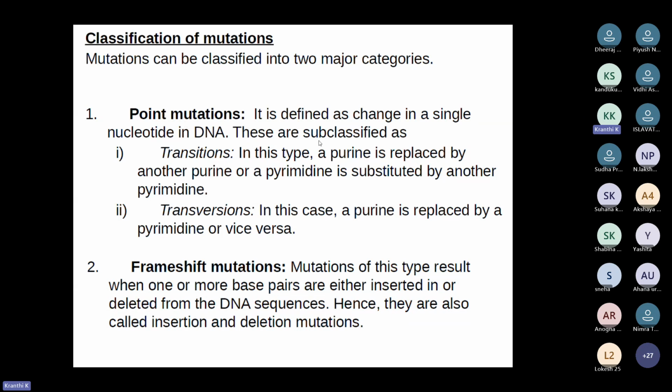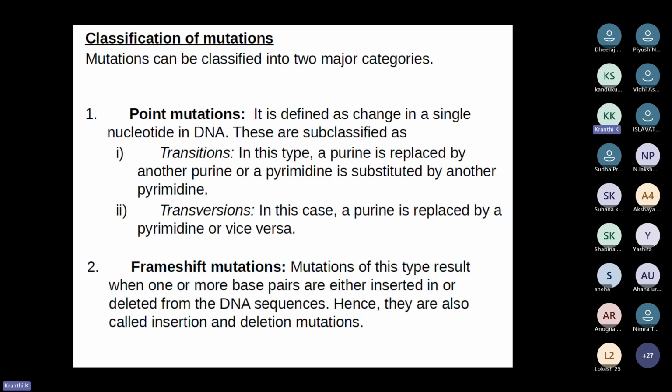Point mutation is defined as a change in a single nucleotide that may affect a single amino acid. Here, transition may happen, transversion may happen. Transition means a purine is replaced by another purine, or a pyrimidine is replaced by another pyrimidine. Transversion means in the place of a purine, a pyrimidine came, or in the place of a pyrimidine, a purine came.